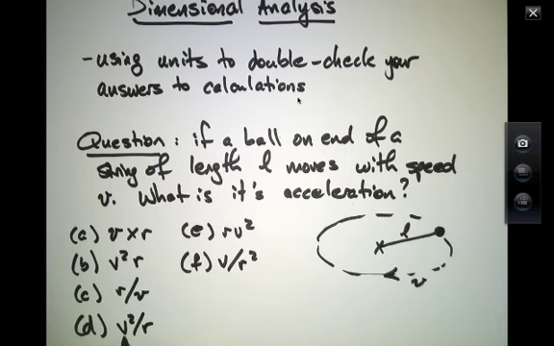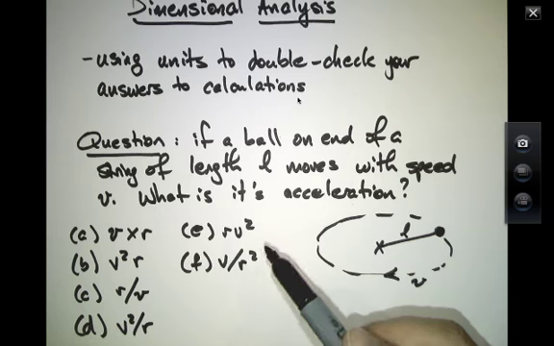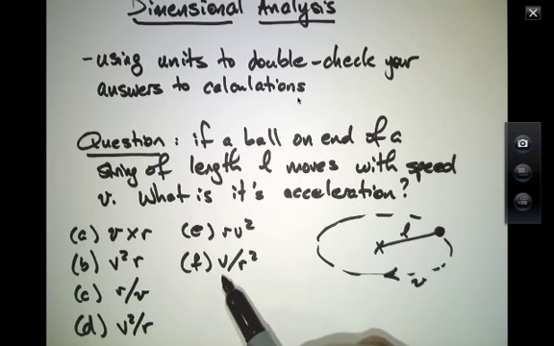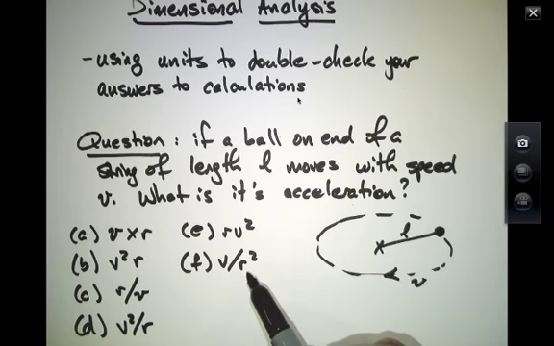It looks like it's length squared over time squared, but then I divide out one of the lengths. So it becomes length over time squared. Answer E becomes length times length squared over time squared. So actually that's the same as answer B, and answer F is length over time divided by time, length squared, so that becomes 1 over length over time, and that's not correct.